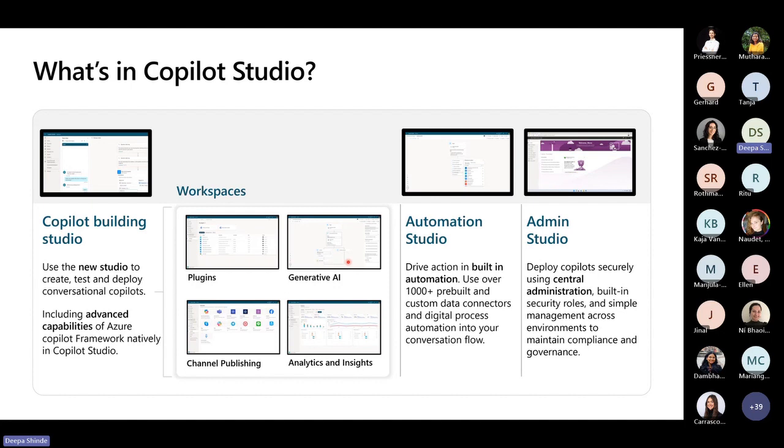All the RAG vectorization, everything is done in the backend, and that's it. You can just make your bot, your Copilot, live with that. So that's one aspect of generative AI that it supports, and there are multiple other things that it does as well. Further down the line, I'm going to show you that.